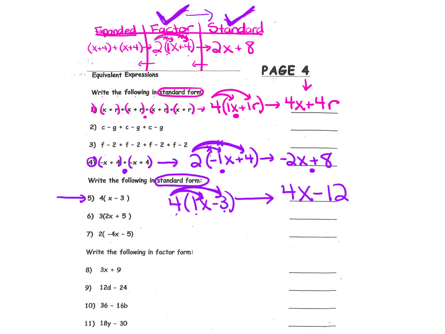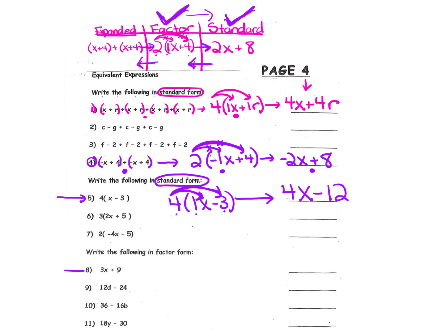So far, we've moved from the left to the right side of the chart. But what about when we start in standard form and go backwards? Let's take a look at the last section.